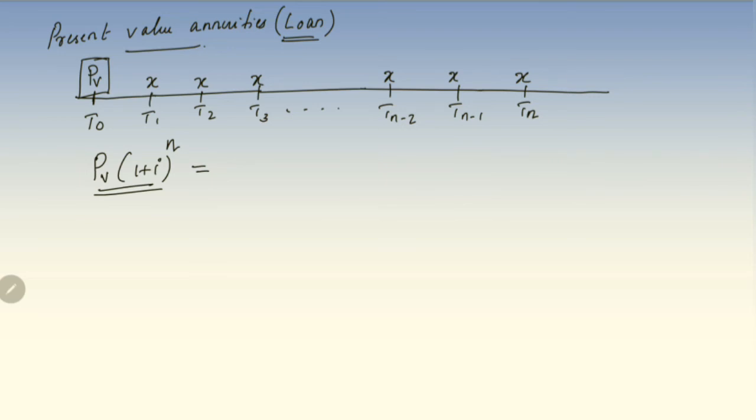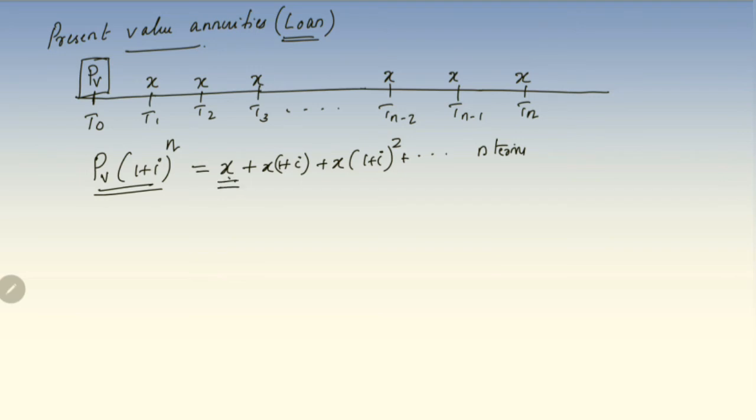So the right hand side is the same as the future value, that is x plus x times 1 plus I plus x times 1 plus I to the power 2 and it is going to go like that. How many times? N times. So the equal payment can be monthly, quarterly, half yearly, it's like that.